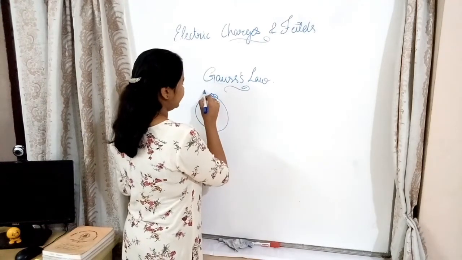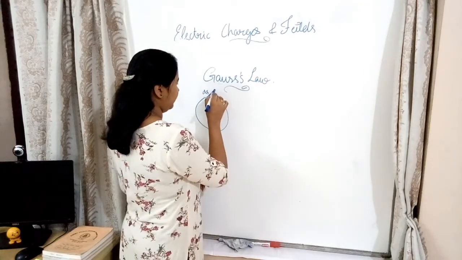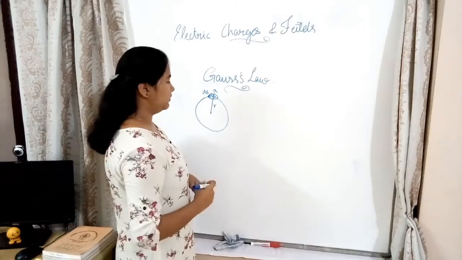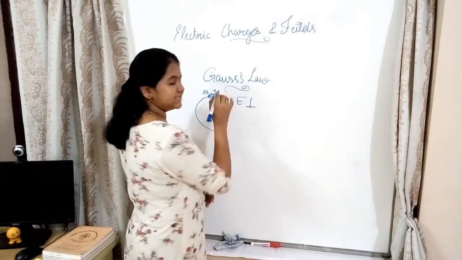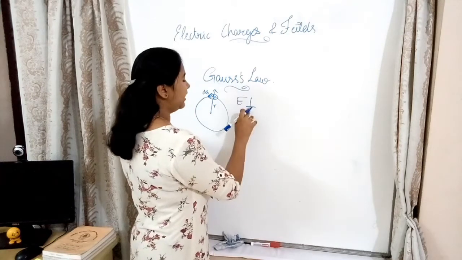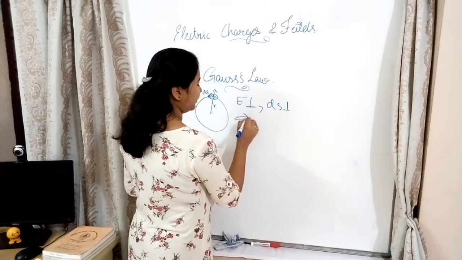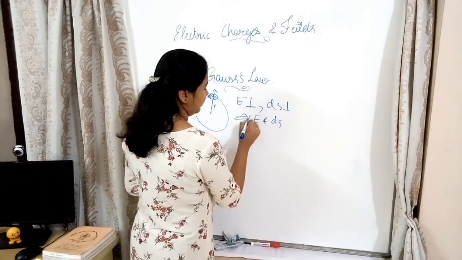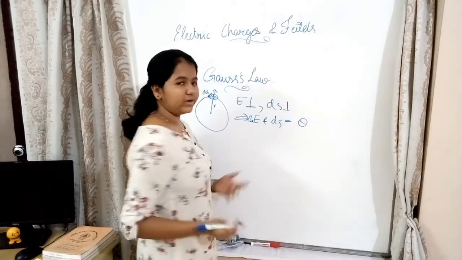This is ds, so the area vector is perpendicular. Since the electric field is in the direction of r, and also perpendicular to the surface, and ds is perpendicular, the angle between E and ds is equal to 0.